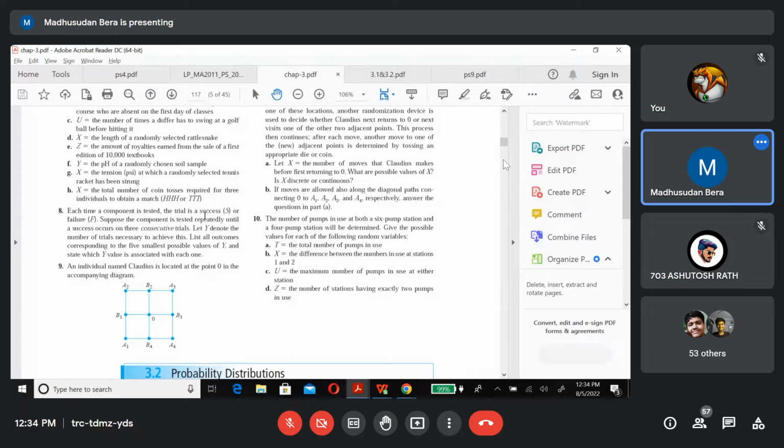So now give the possible values of each of the following random variables. T is the total number of pumps in use. Before that, the 6 pump station.